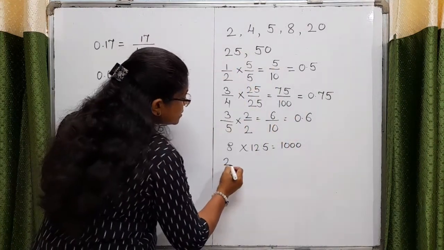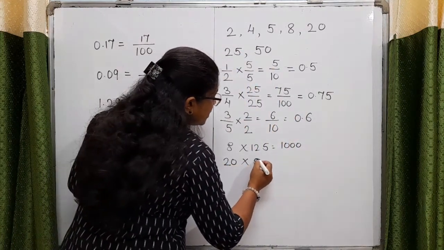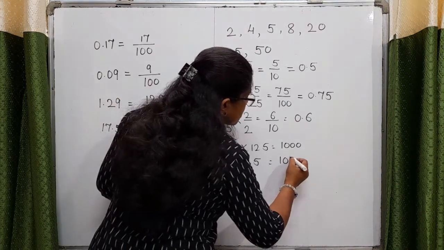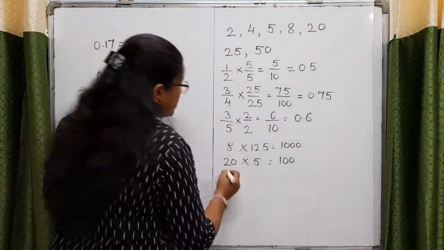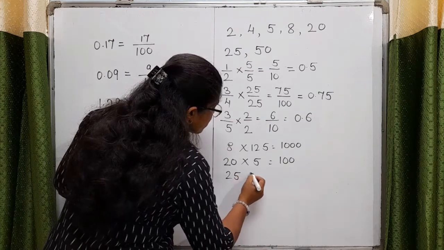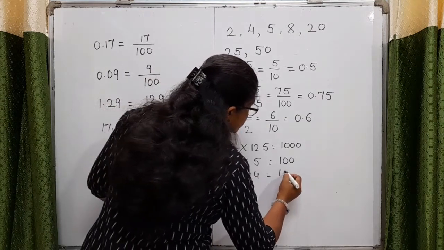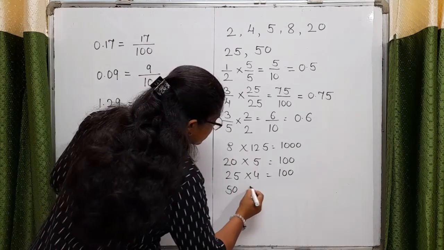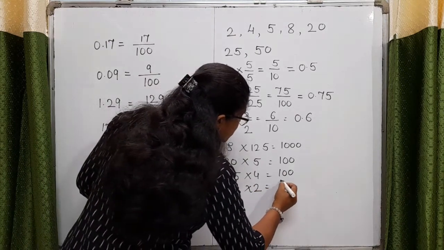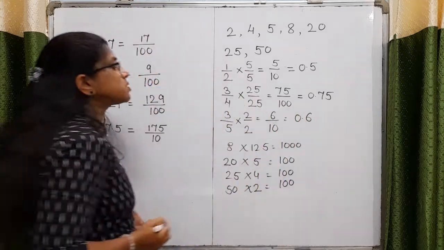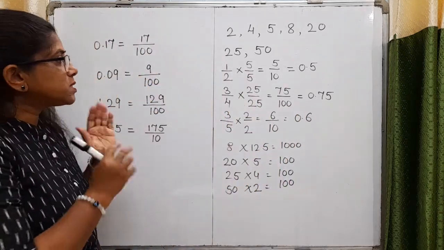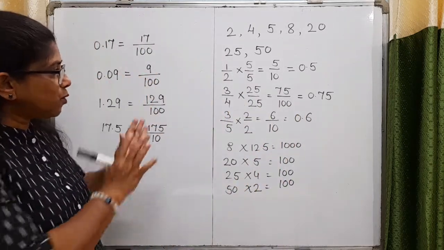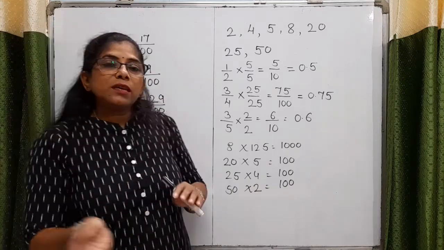If the denominator is 20, multiply it by 5. We can make it 100. If the denominator is 25, multiply it by 4, 100. If the denominator is 50, multiply it by 2. It becomes 100.